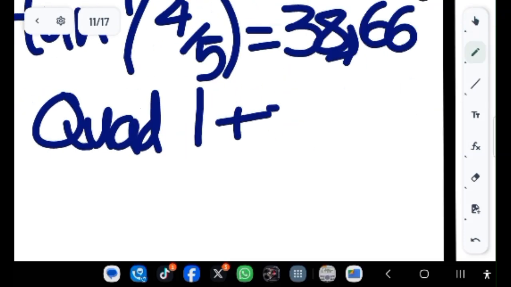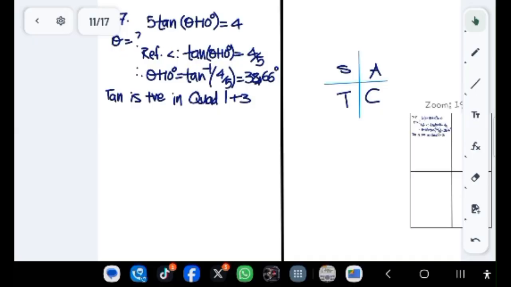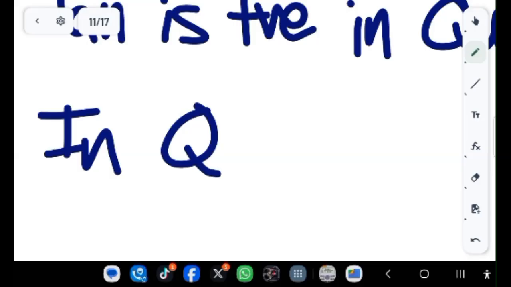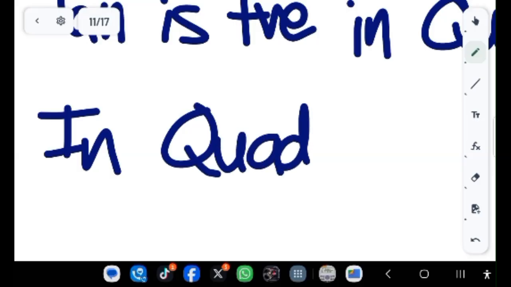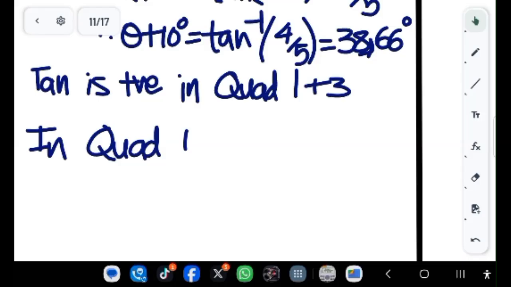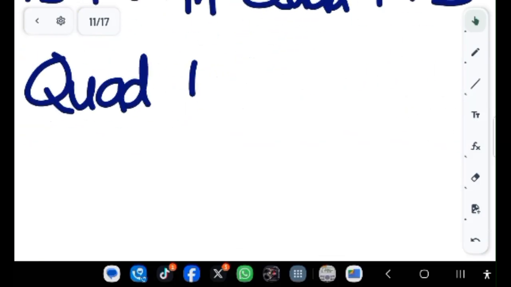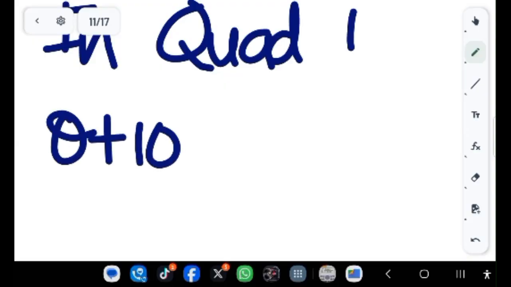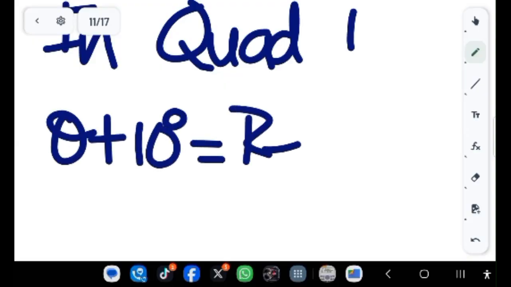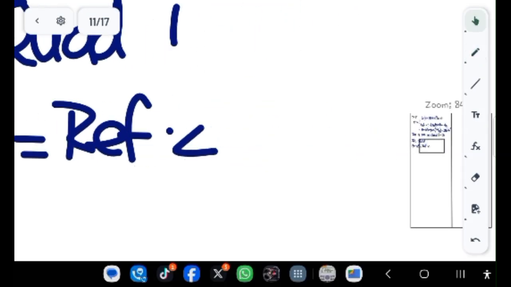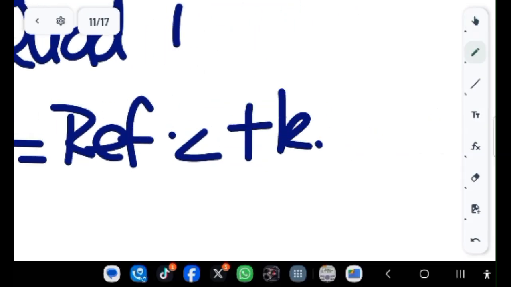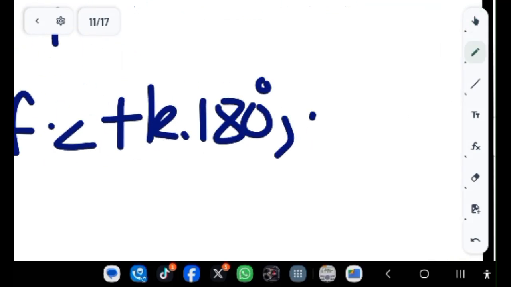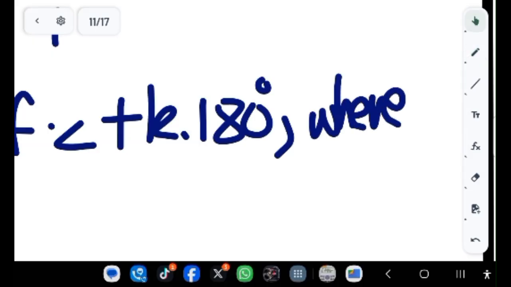Okay, let's see what happens now in quadrant 1. In quadrant 1, our angles are just expressed as the reference angle. Our angle, which is theta plus 10 degrees, equals just the reference angle plus k times the period, for tan is 180 degrees, where k is an element of integers.